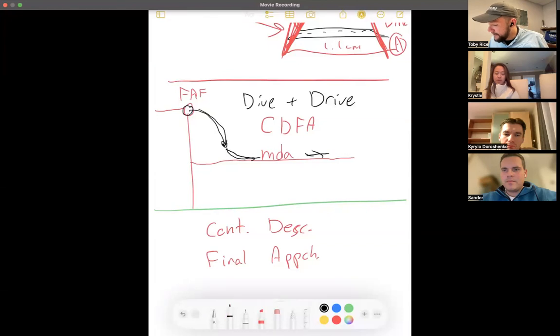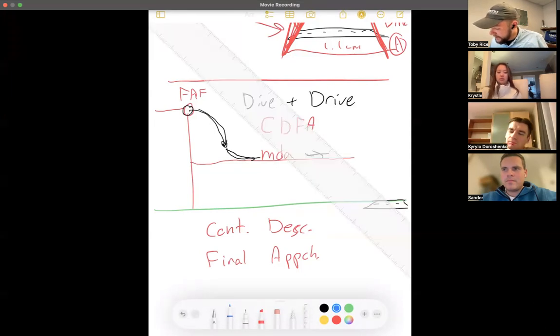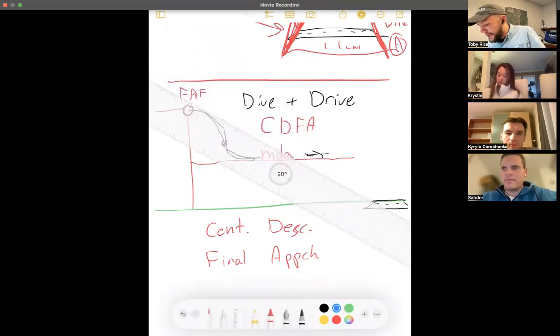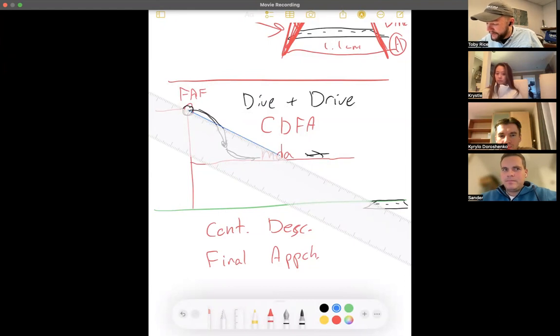Let's say that the runway is here. A continuous descent on final approach is basically figuring out what descent rate I need to fly to maintain a consistent angle from the final approach fix to the runway. And it looks like that.